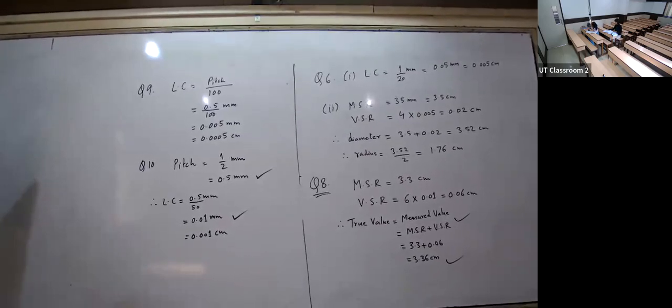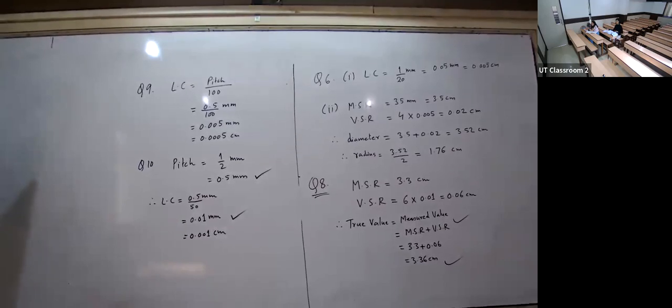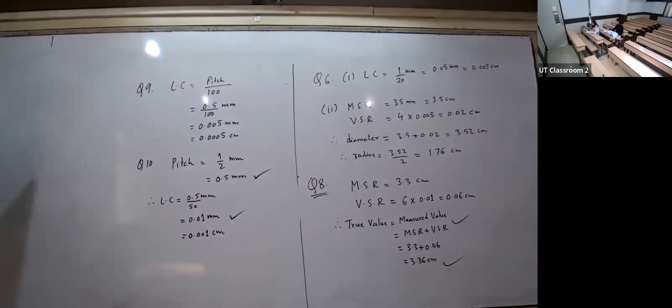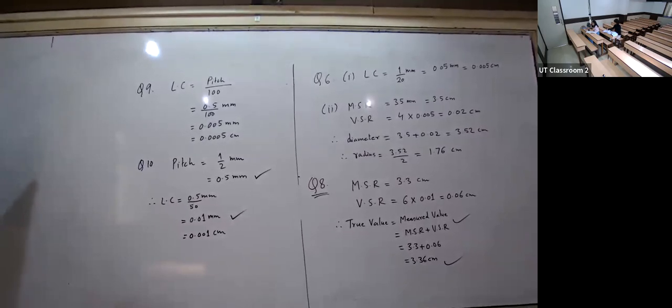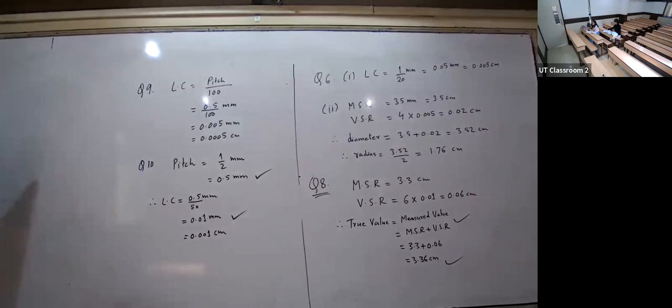In centimeter it is 0 point. No, just 0.2 millimeter divided by 10 is centimeter. Just 0.2 centimeter. Now it says least count you already calculated.